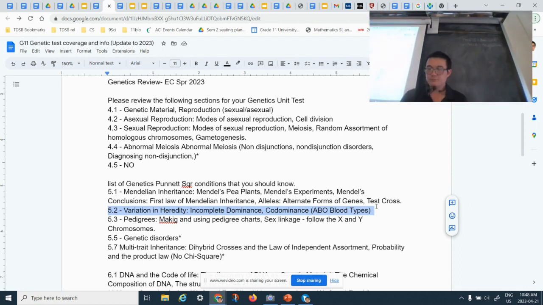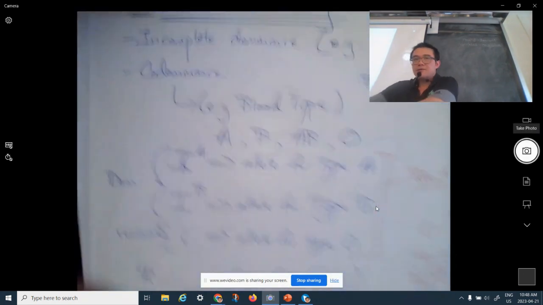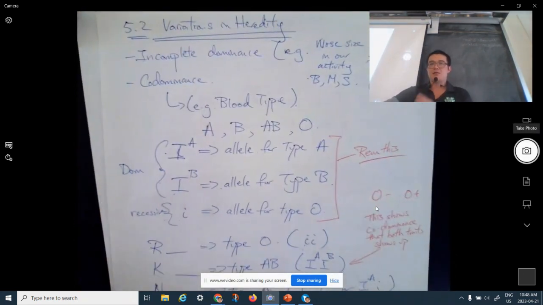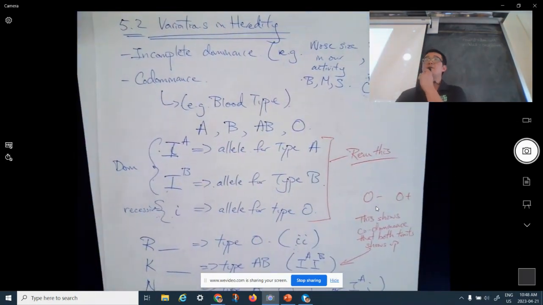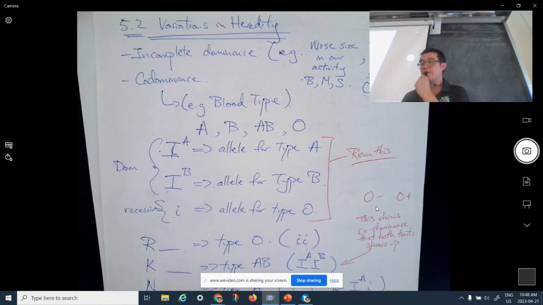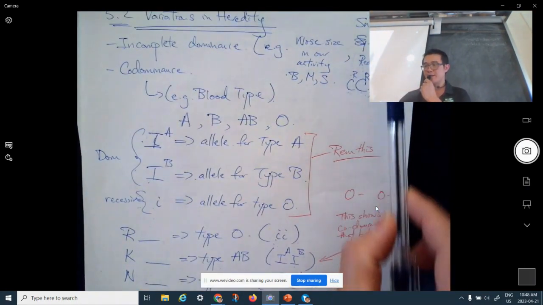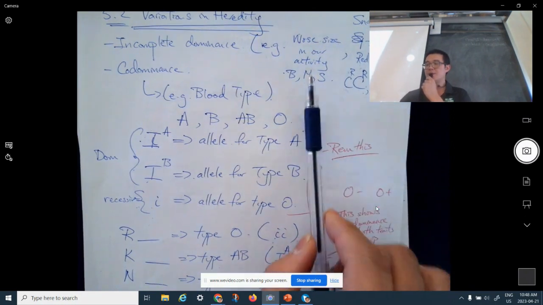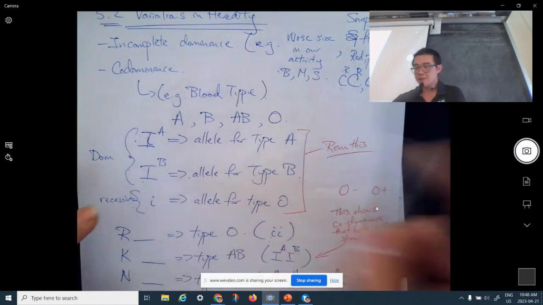So, in this case here, at this part, we did list out the variation of heredity, what kind of things we have done and seen. So Snapdragon, again, remember, node size would be another example in our activity, incomplete.